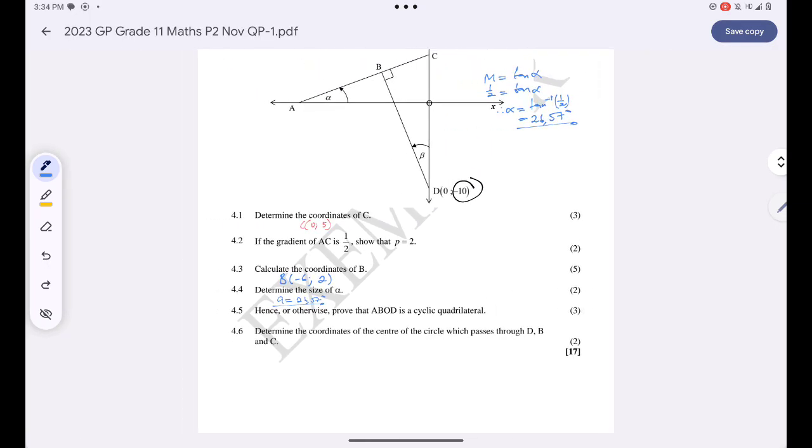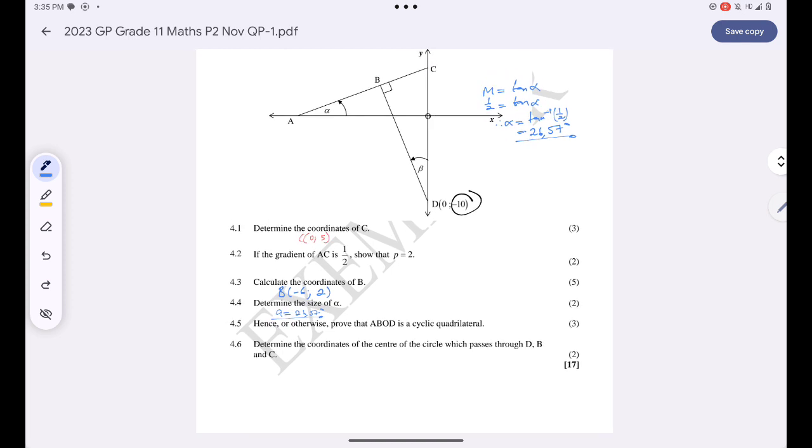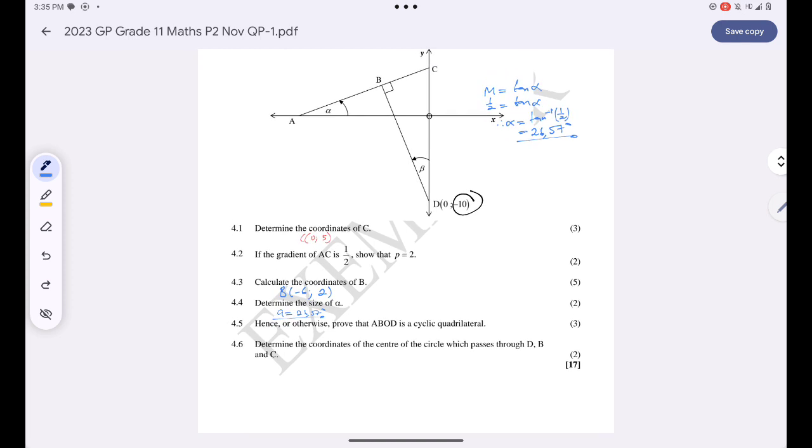Whenever you're supposed to show that a shape is a cyclic quad, guys, there are 3 things, one of which you need to show. You can either show that the opposite angles of that particular shape are supplementary, or you can show that the exterior angle is equal to the interior opposite angle, and thirdly, you can also show that the angles in the same segment are equal.